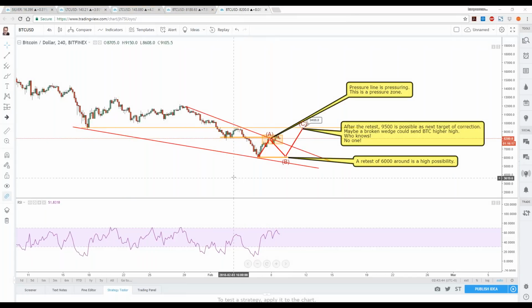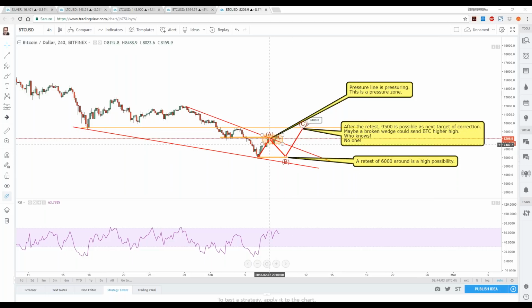Again, here we have a beautiful wedge forming. And so we're looking at Bitcoin again, and 9,500 is a possible next target for a correction. Maybe a broken wedge could send Bitcoin higher.